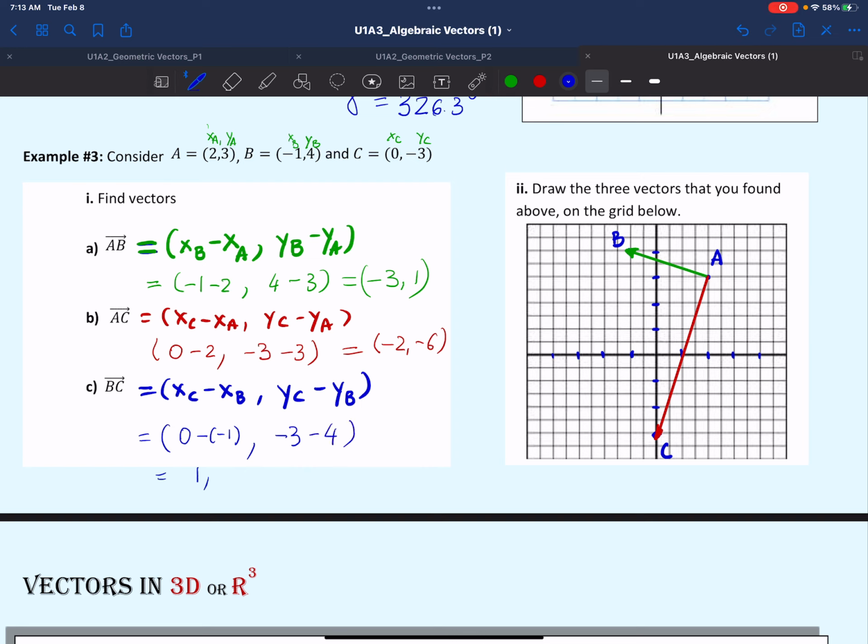So this would be 1 and -7. So let's draw this vector. That's vector BC, so start at B and end at C. Right here. And voila, these are the coordinates of each vector. And obviously, whenever we state the coordinates, we find the coordinates of the respective position vector.